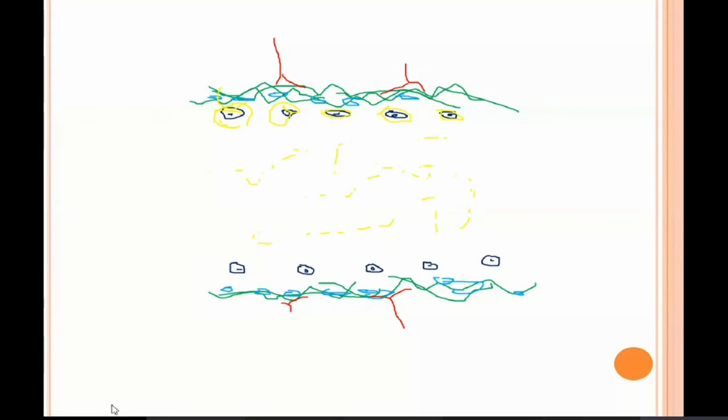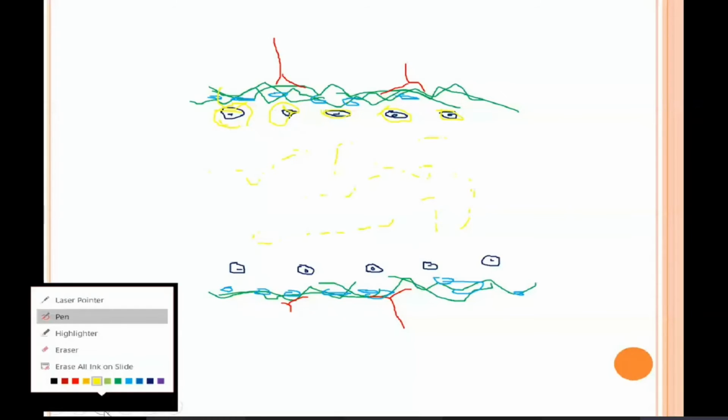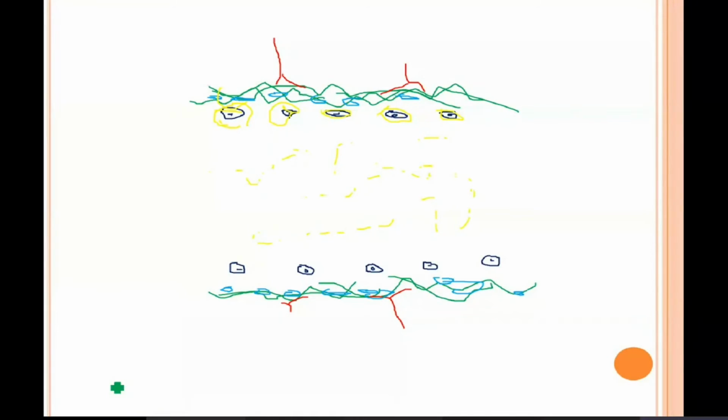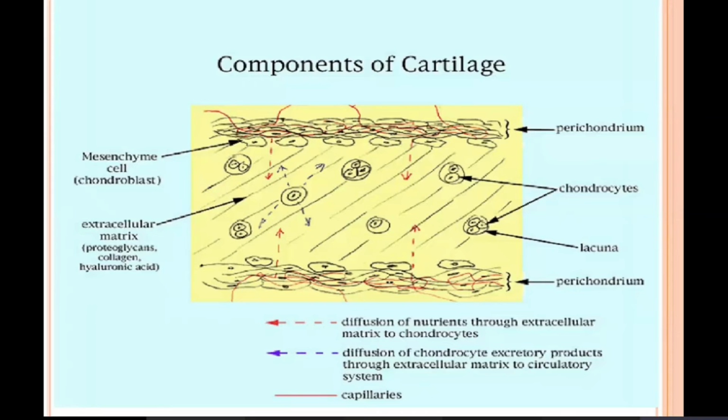Okay, and after some time when they produce enough of that gel, they become embedded within that sugar based gel, and they become matured, and they are known as chondrocytes.